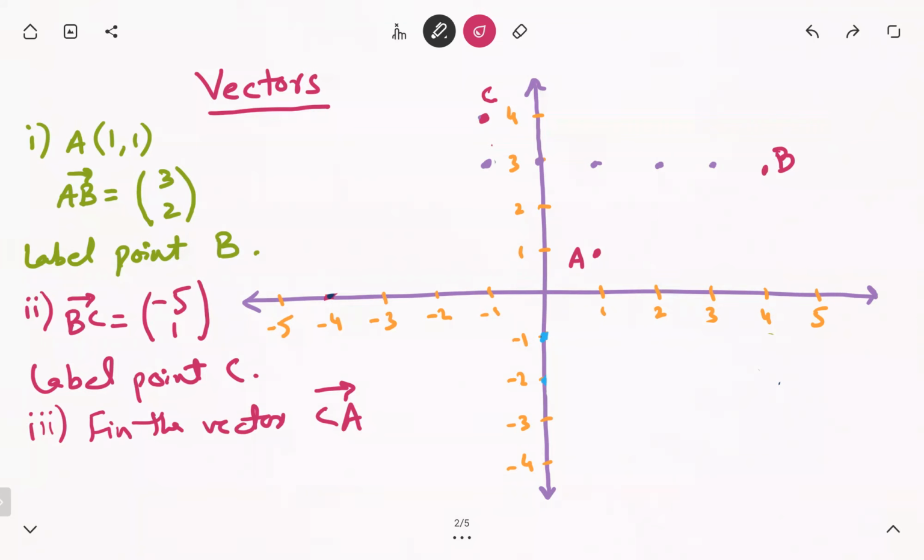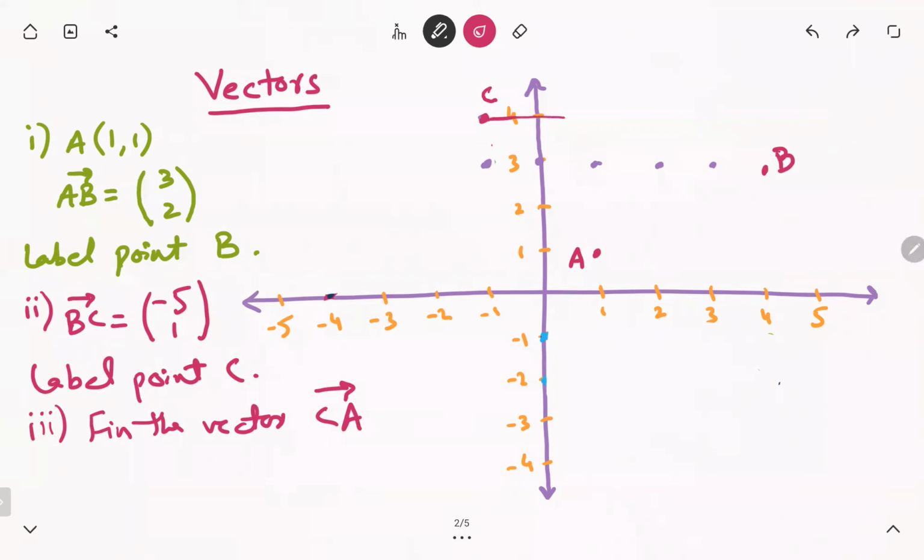So to find vector CA, should we start from C or A? We should start from C. If we start from C, first we will go right, and then to come towards A, down. So right and then down. How many units right? 2 units right and down 3.